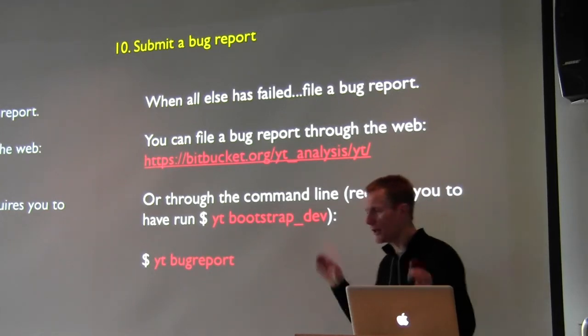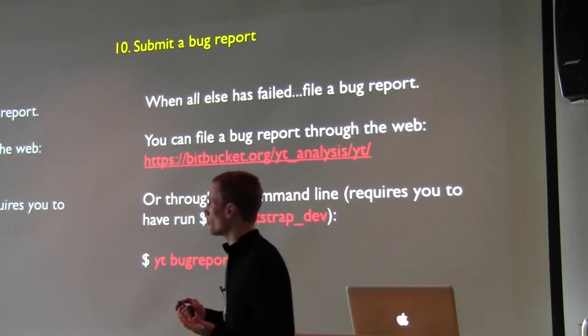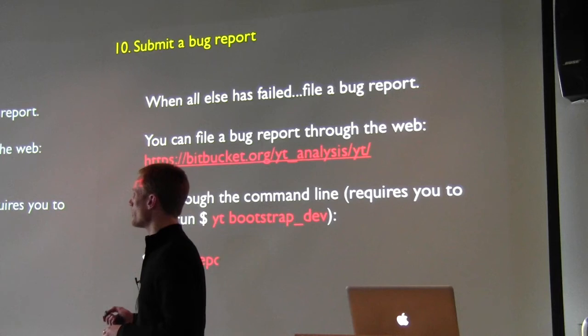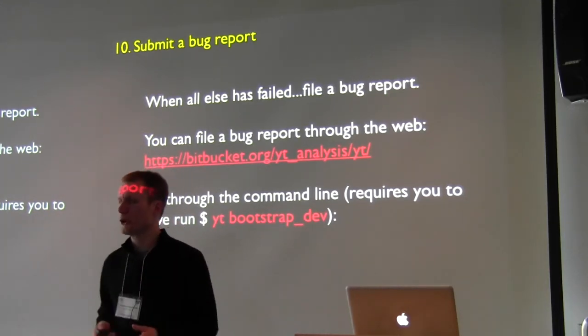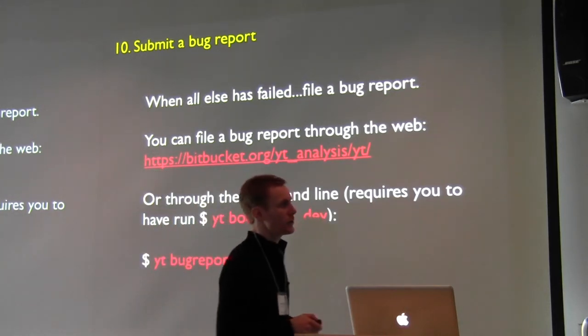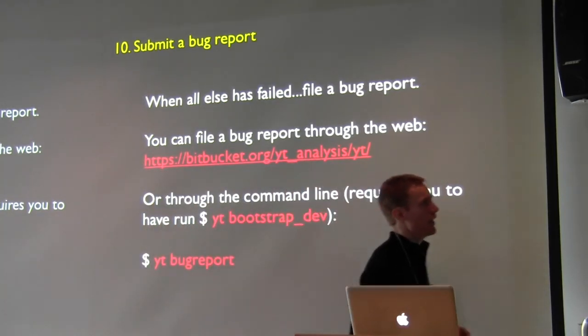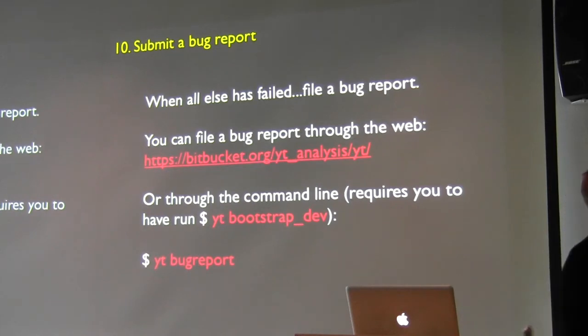And finally, if all else has failed, you can submit a bug report. Bug reports are actually really easy to do. If you go to this website, which is the Bitbucket Mercurial page, you can submit it through there.